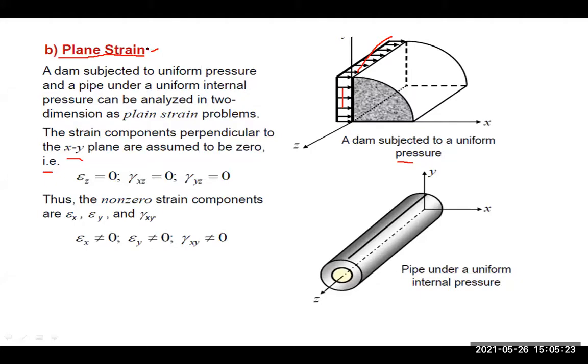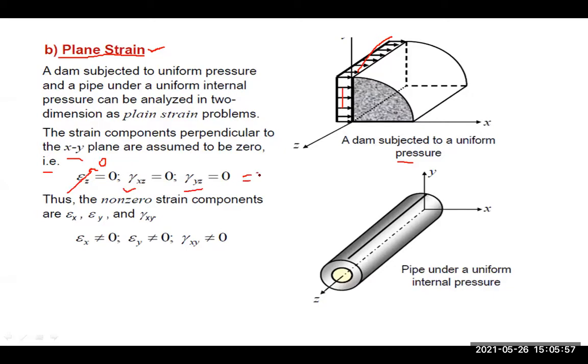But in plane strain, if you consider that x and y are the applicable dimensions compared to z, then perpendicular to the xy plane, the strains become 0. One is the normal strain, epsilon zz, next is gamma xz, the x plane in the z direction, and gamma yz, the y plane in the z direction.